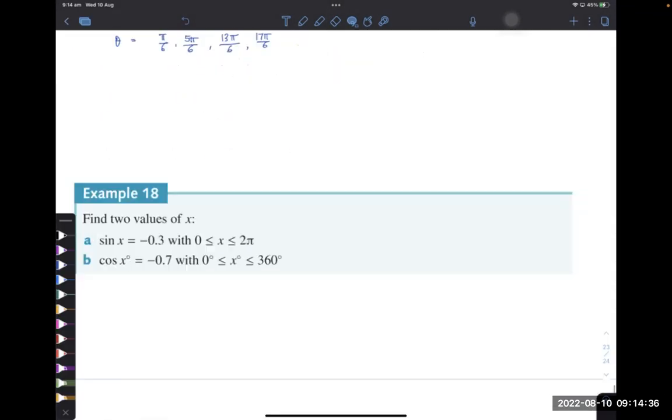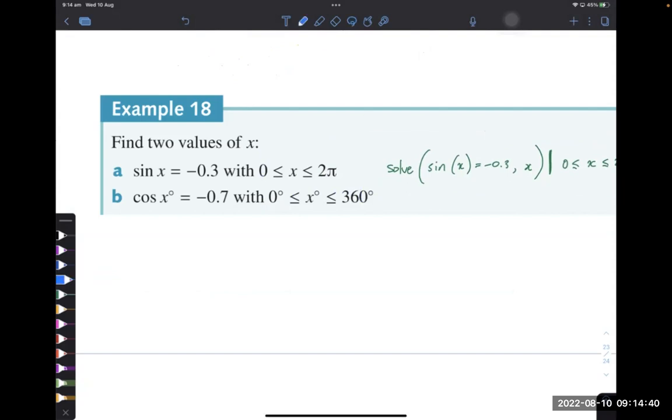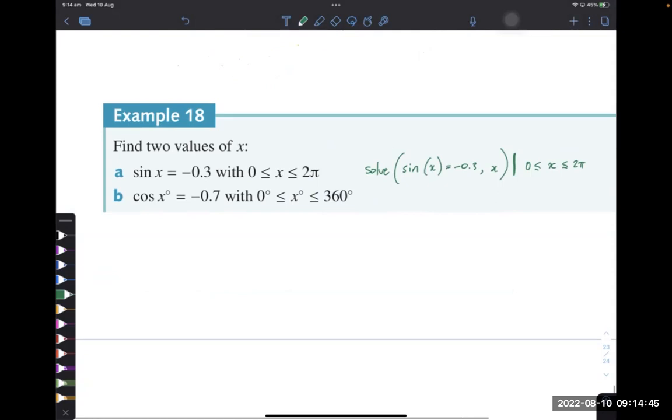So can you try this on your CAS? Make sure it's set in radians, by the way, on your CAS calculator. Make sure it's set to radians. And for this one here, we probably want to change it to degrees.